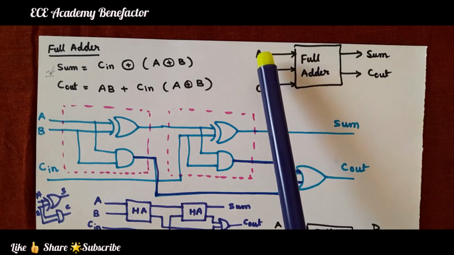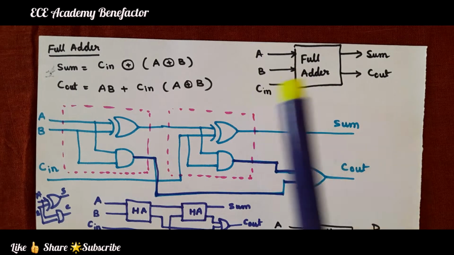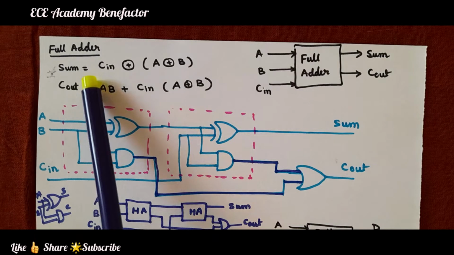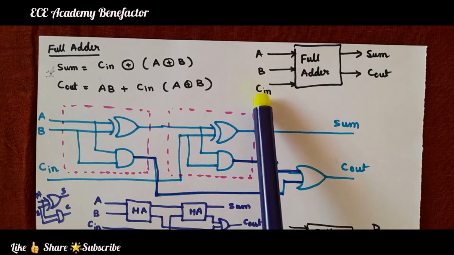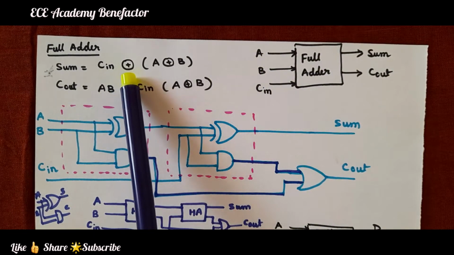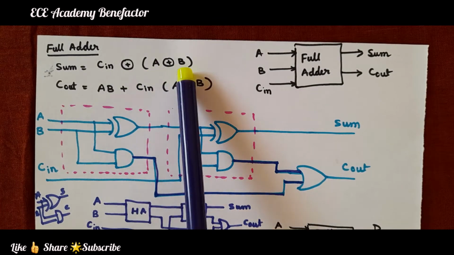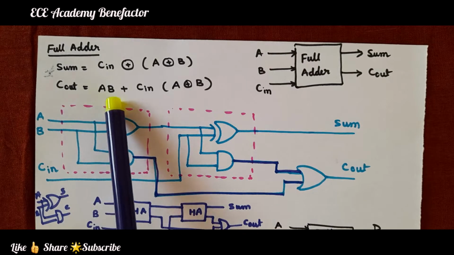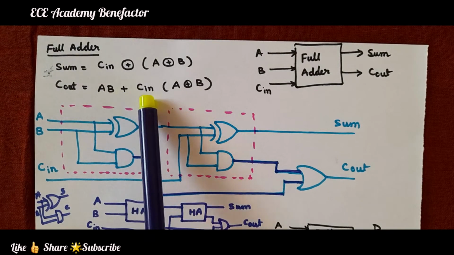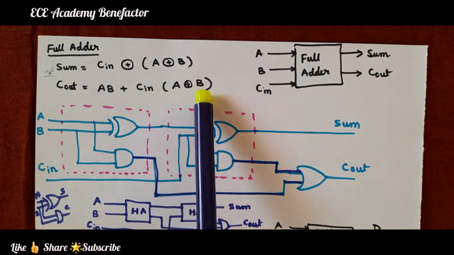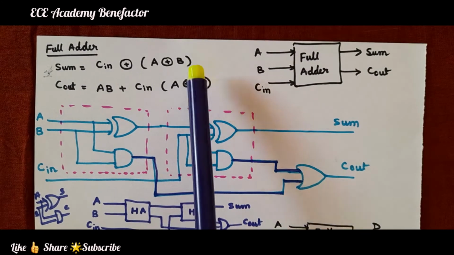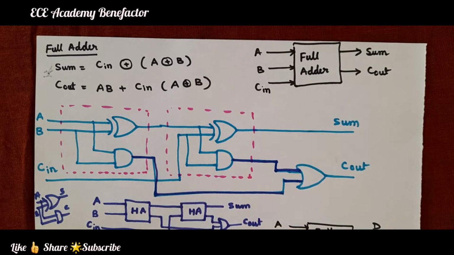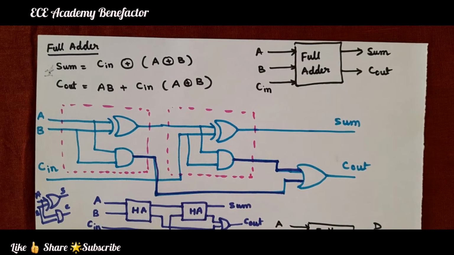So the sum equation is C in XOR A XOR B. The C out expression is AB plus C in dot A XOR B. If you remember these two equations, you can easily draw the full adder circuit using two half adders.